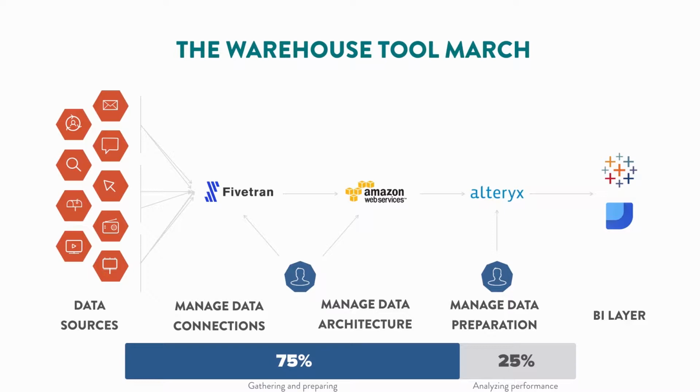So not only am I paying for a lot of different software and different places for it to land, I'm also gambling that all these different things are compatible with one another, and I also have to hire people along the way to manage all these different components as well. And by the time I'm done, I have a very expensive version of the data death march that's still taking place before I can analyze my data with powerful tools like what we have here, Google Data Studio as well as Tableau.